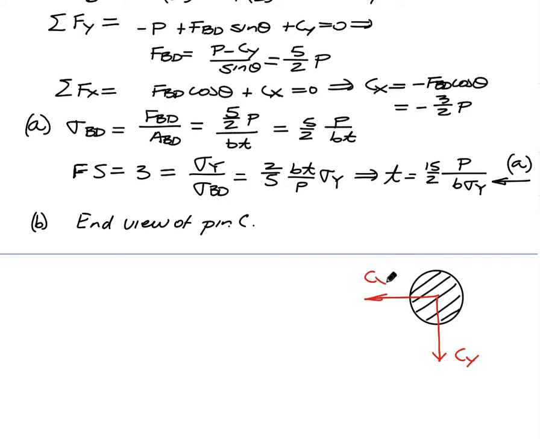We don't really care what Cx and Cy are individually, but what we want to know is what's the resultant force C, because that's the shear force that's carried by that pin.